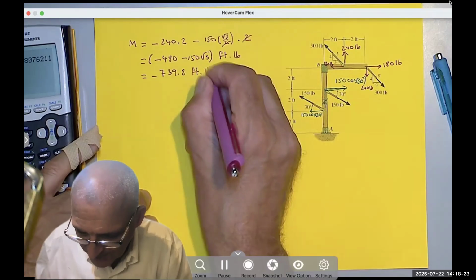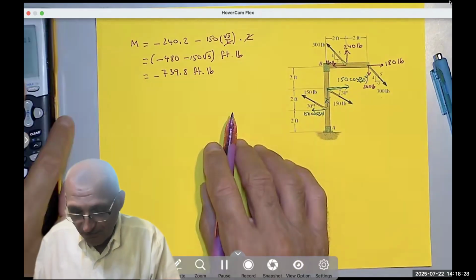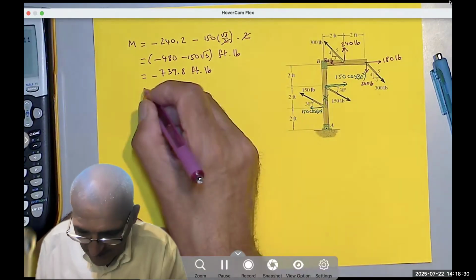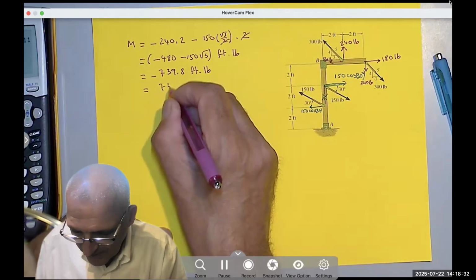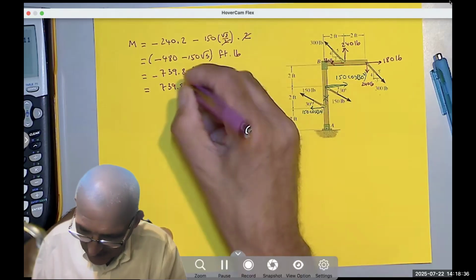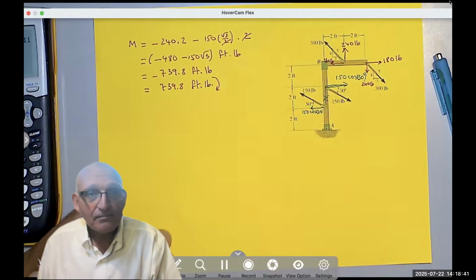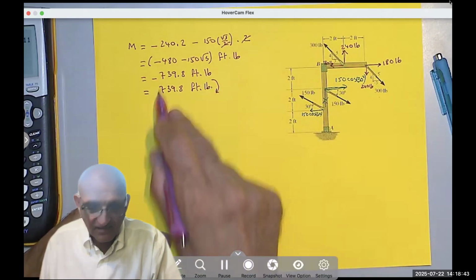foot-pound or pound-foot. Or some people, instead of writing it like that, write it as 739.8 foot-pound, which is not nice, and then they show you a clockwise arrow. So the clockwise meaning it's negative.